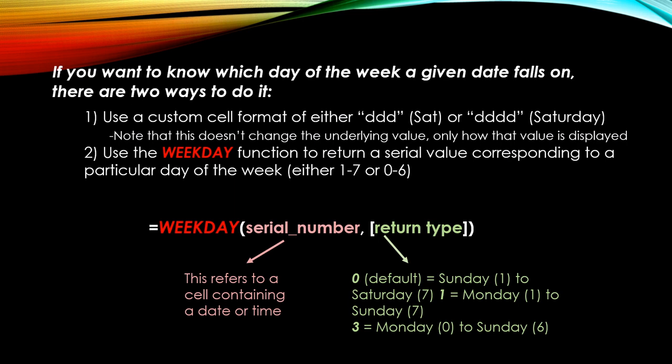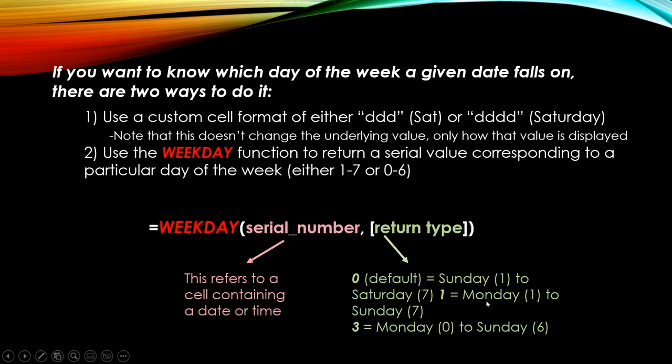The second, which is the approach that I would recommend, is using the WEEKDAY function, which actually returns a serial value corresponding to a particular day of the week, either 1 through 7 or 0 through 6. Syntax-wise it's pretty simple.